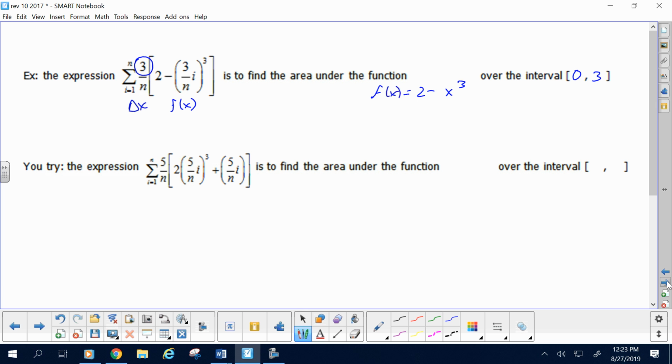Are you ready? What's the function? 2x cubed plus x, I agree, x, not 5x. And what's the interval? 0 to 5. Okay.